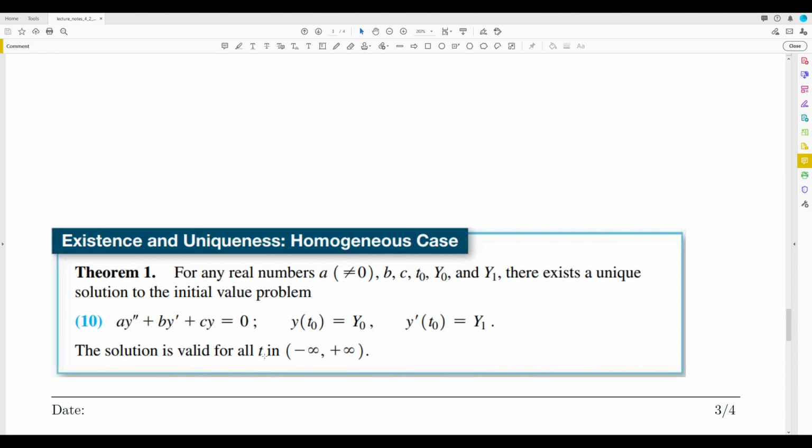The solution is valid for all t in negative infinity to infinity.